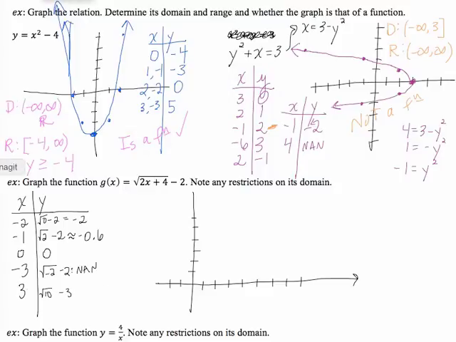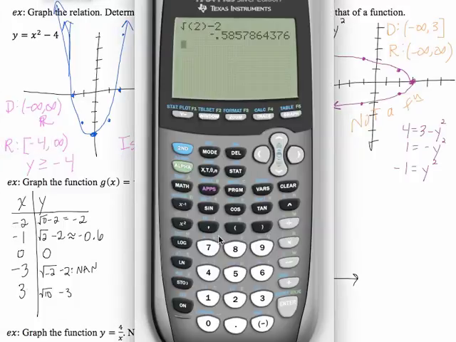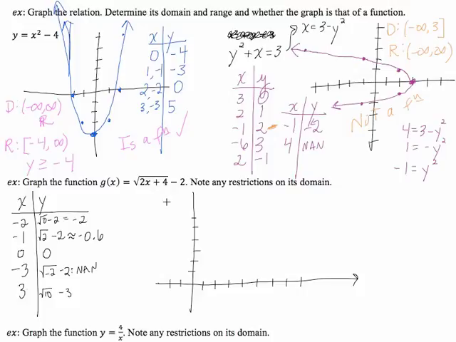Let's see what that is. There we go. Square root of 10, minus 2 is 1.16. Yeah, minus 2 there.